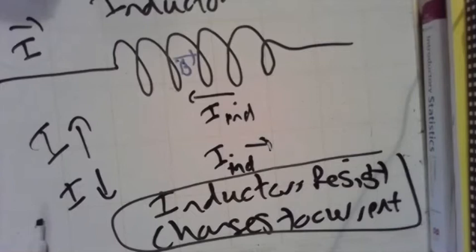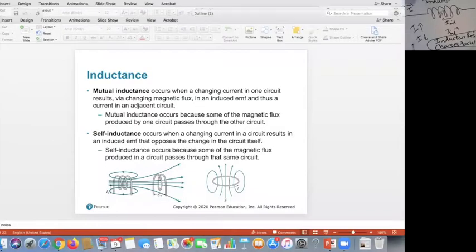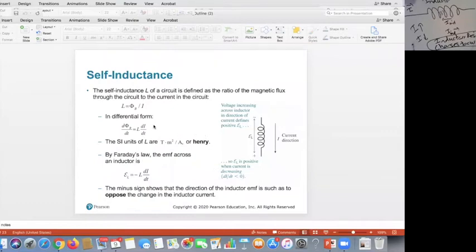Okay, and our formula here is right here, where L is called the inductance of that inductor.